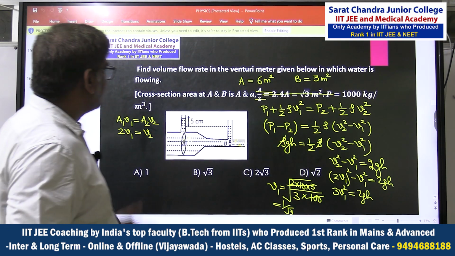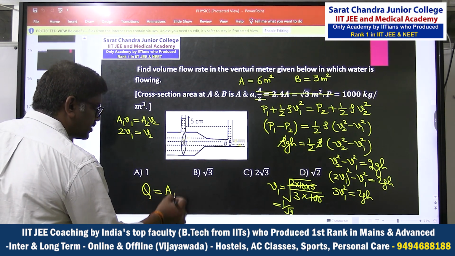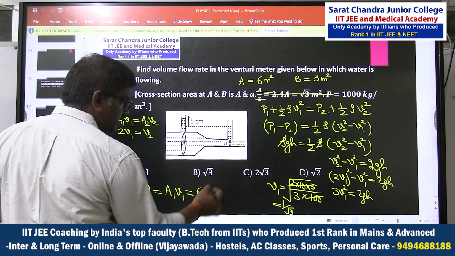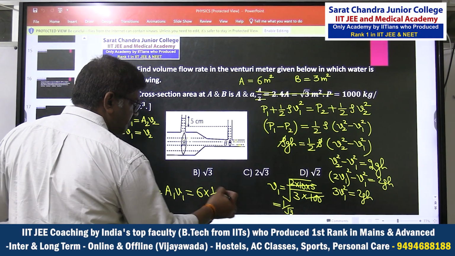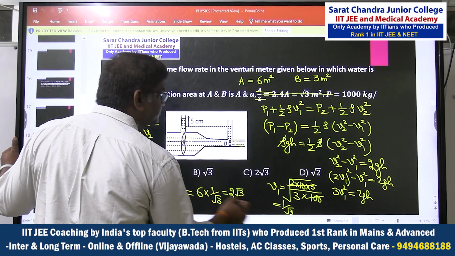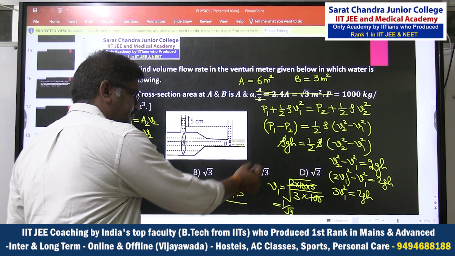Since they are asking the flow rate, Q equals A1 V1. Since A1 is 6 meter square and V1 is 1 by root 3, my answer is going to be 2 root 3. So 2 root 3 is the correct answer for this question.